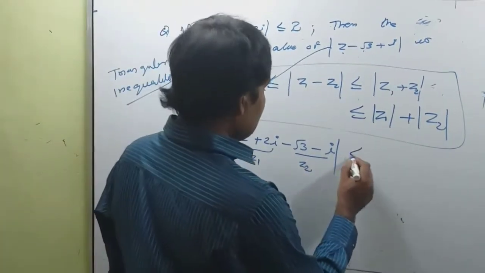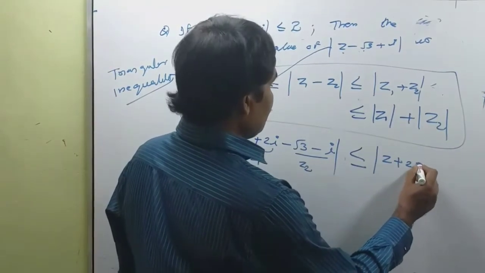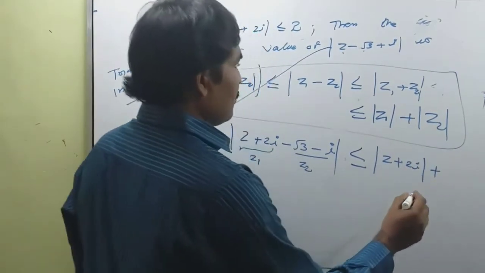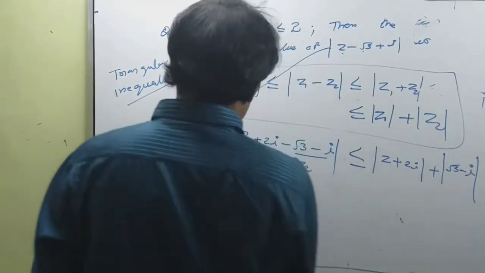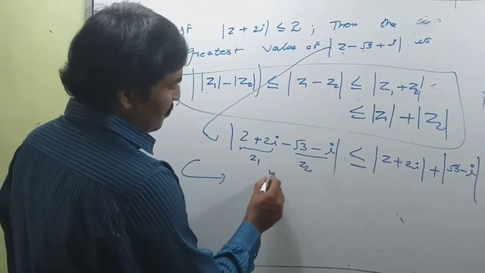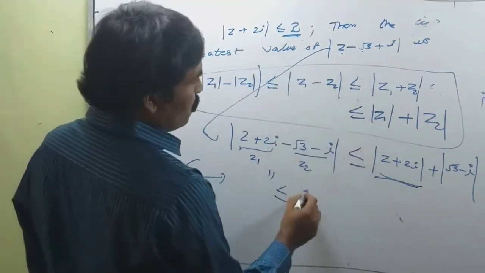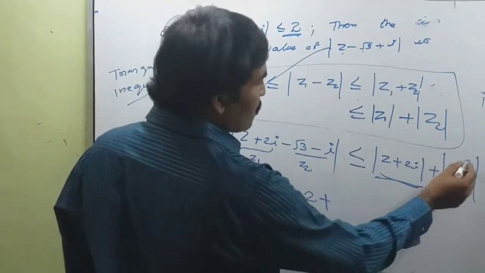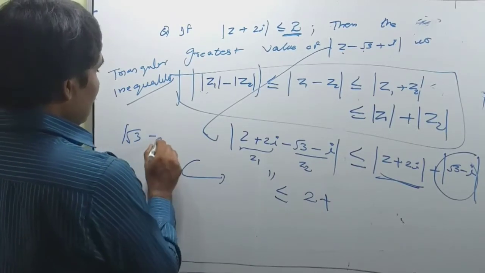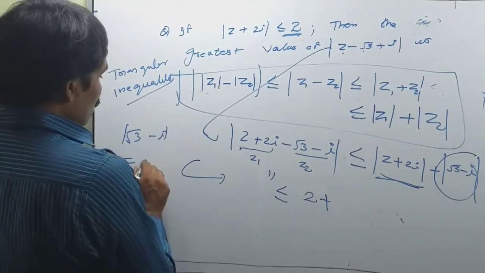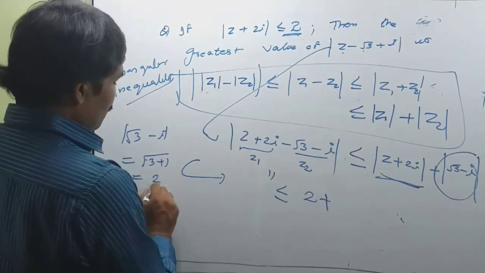This is less than or equal to mod z plus 2I plus mod of root 3 minus I. This implies this term is less than or equal to, the value of this is given as 2, so 2 plus the modulus of root 3 minus I. The modulus of root 3 minus I is equal to root of 3 plus 1, that is equal to 2.